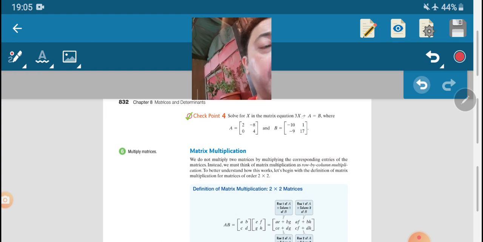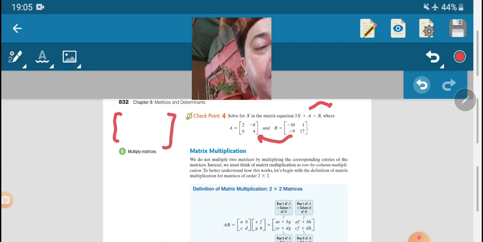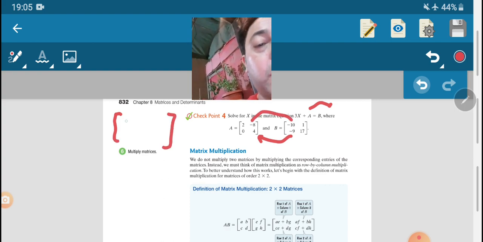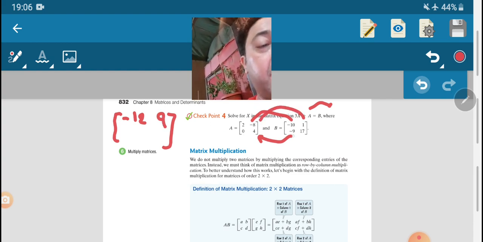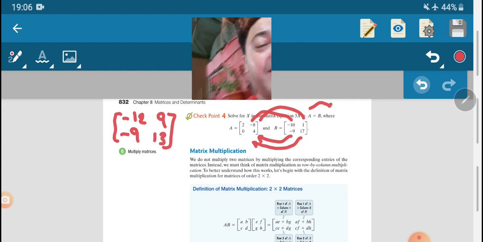How to determine X here? First of all, find B minus A. Negative 10 minus 2 is negative 12, 1 minus negative 8 is 9, negative 9 minus 0 is negative 9, 17 minus 4 is 13.